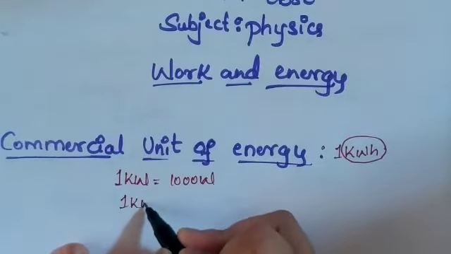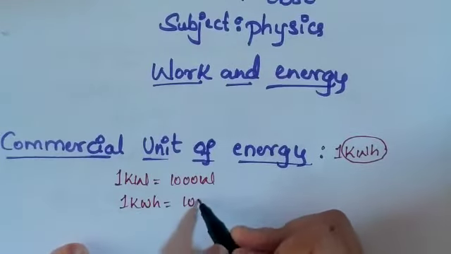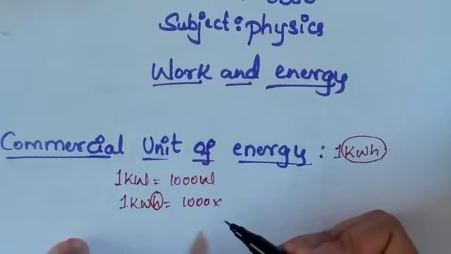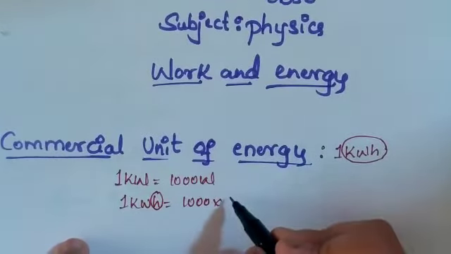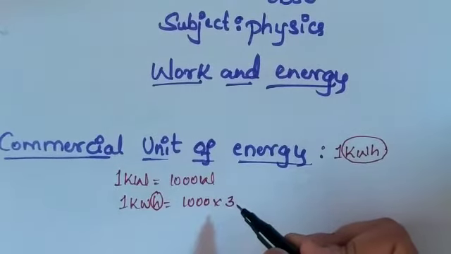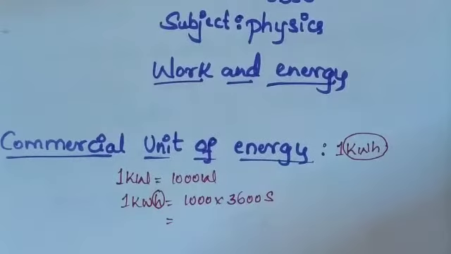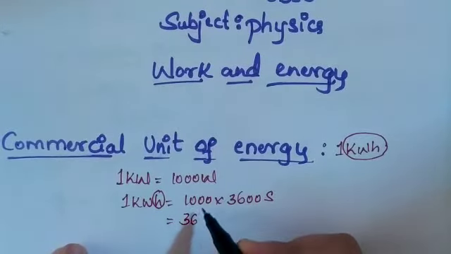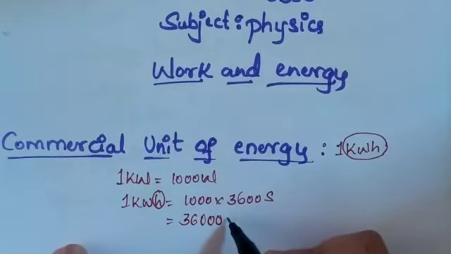So 1 kilowatt hour is equal to 1000 into 1 hour, and 1 hour is how many seconds? 3600 seconds. So 1000 into 3600 seconds is 36 followed by 5 zeros, that means 36,00,000 you will be getting.